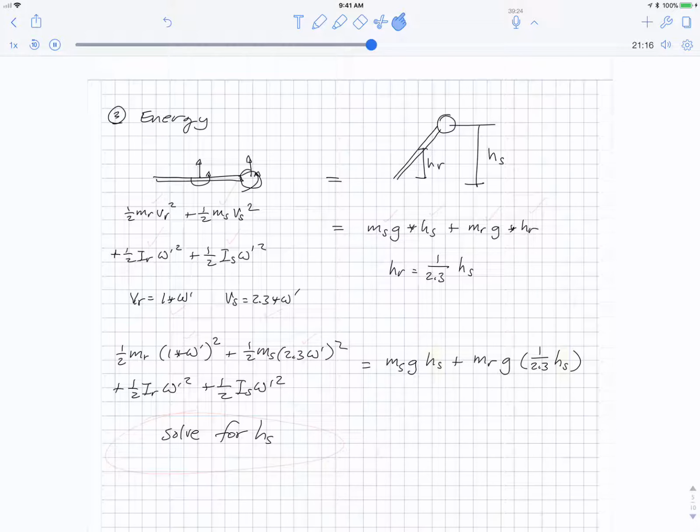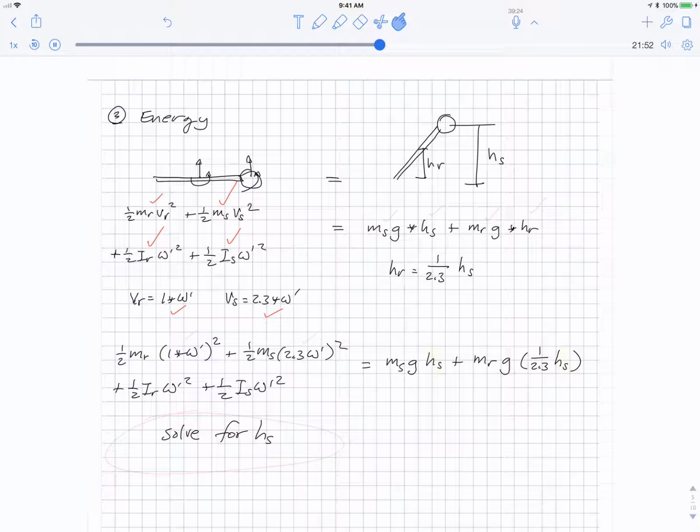So we have going up 1/2 m rod v rod squared plus 1/2 m sphere v sphere squared, 1/2 I rod omega prime, meaning the omega after the impact, squared, and 1/2 I sphere omega prime squared. Remember, all the points on a rigid body have the same omega. And using the kinematics, the velocity of the rod is 1 times omega prime, and the velocity of the sphere is 2.3 times omega prime. And remember, omega prime, you solve for.